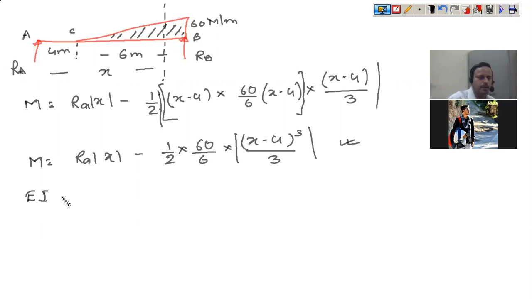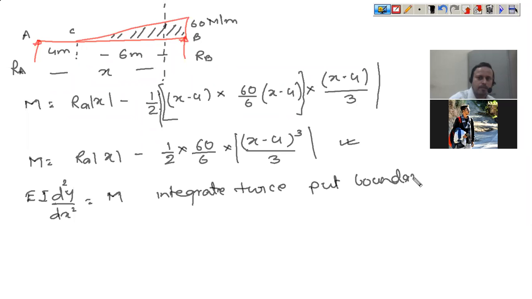Again you need to equate it to EI d2y by dx2 is equal to M. Integrate twice. Put down the boundary conditions.